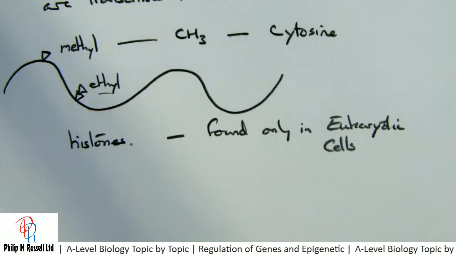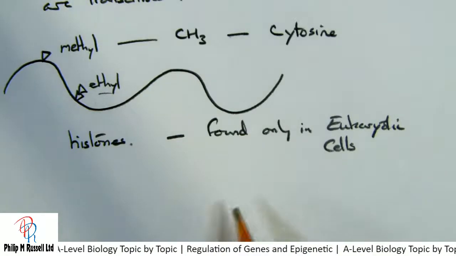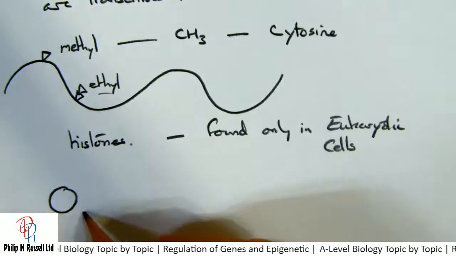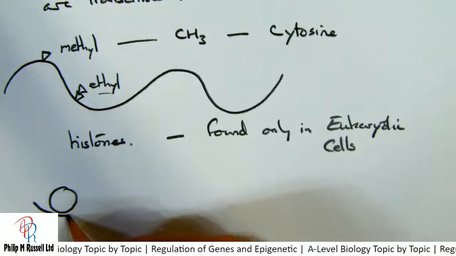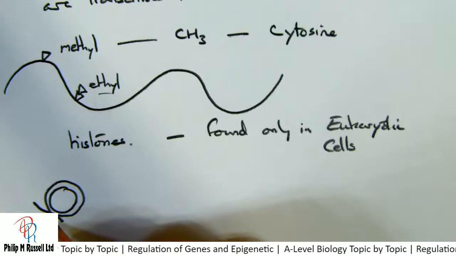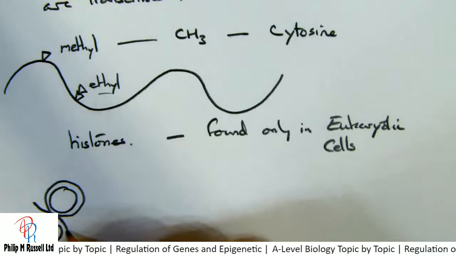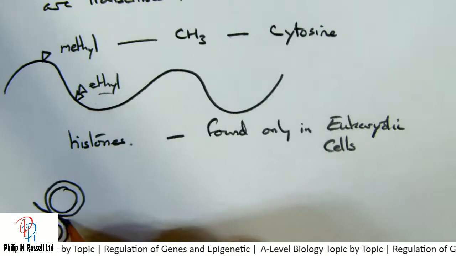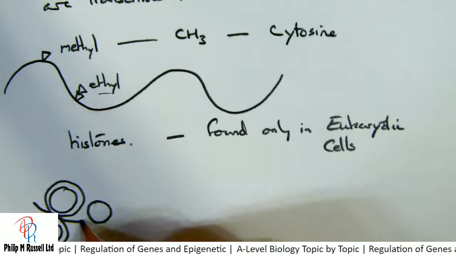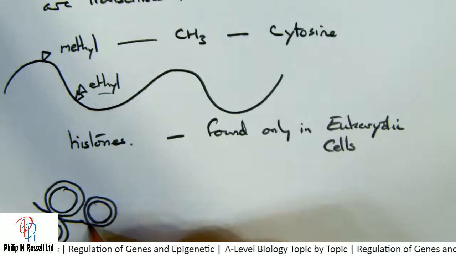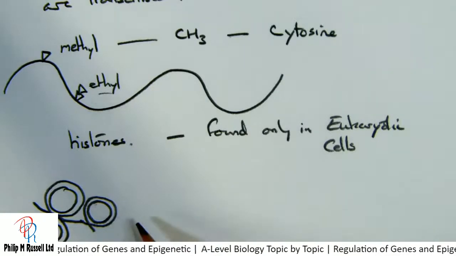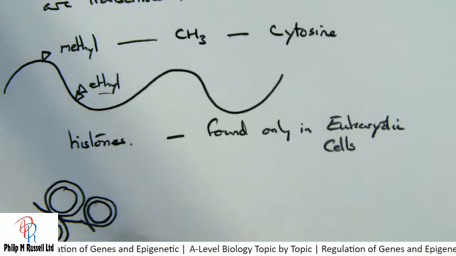Well, we know that DNA is wrapped around proteins called histones, and if I were to draw a couple of histones, the DNA, if you like, goes round the histone like this, and probably we'll have another histone round there, and I can have another histone round here, and it goes round in this sort of shape, basically forming these little loops.